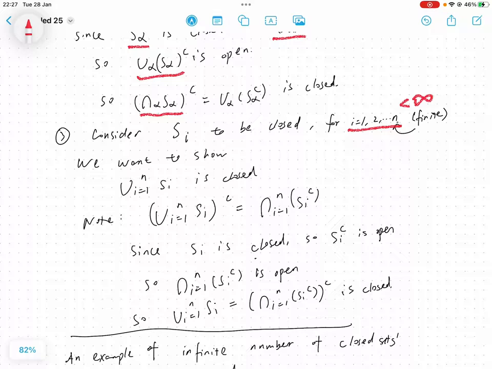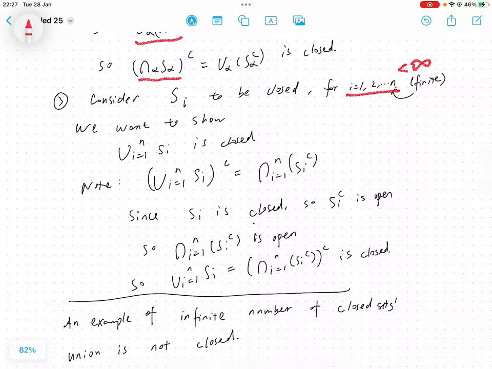We want to show that this union from i=1 to n of the S_i sets will be closed. So we're again going to use De Morgan's law and take the complement of this, and that gives us the intersection instead, the intersection of all those S_i complements.